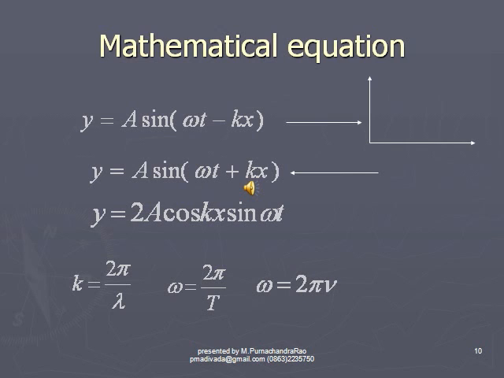Omega is angular frequency. It is given by 2π/T or 2πν. We represent the wave equations like this, using the notations k for 2π/λ and ω for 2π/T or 2πν.